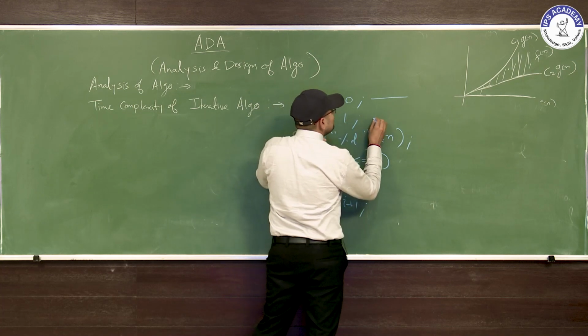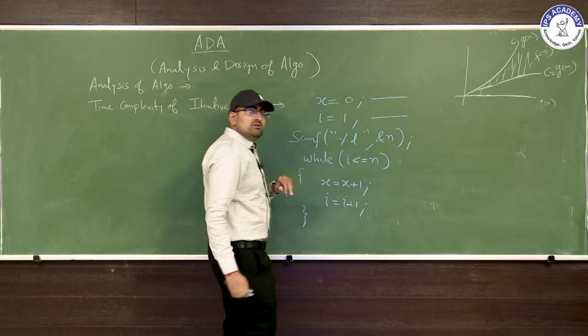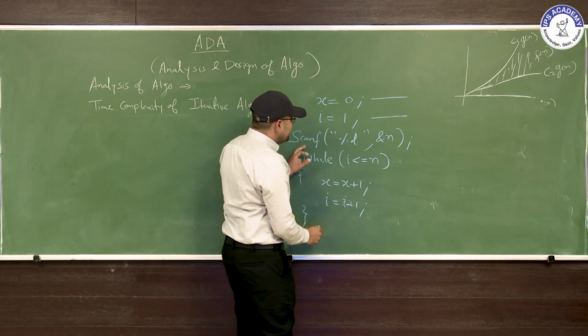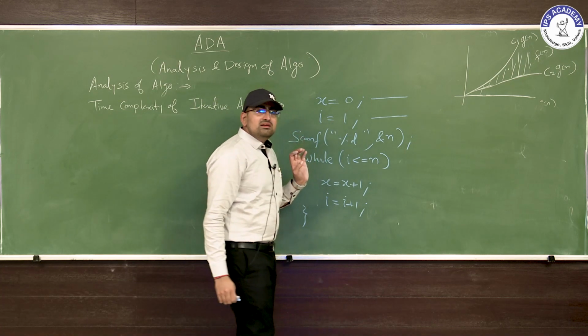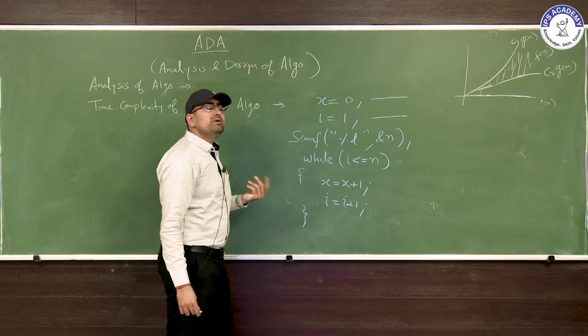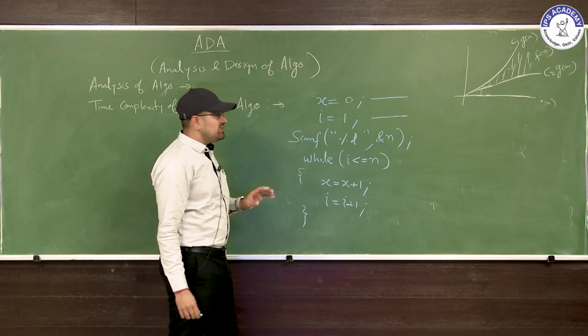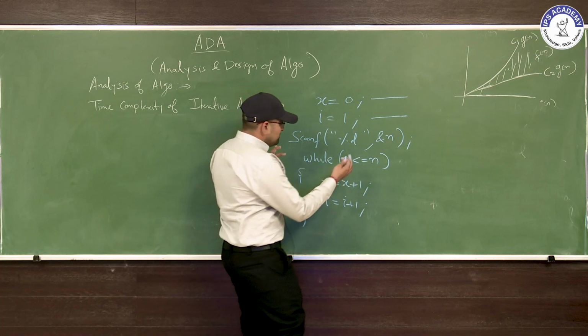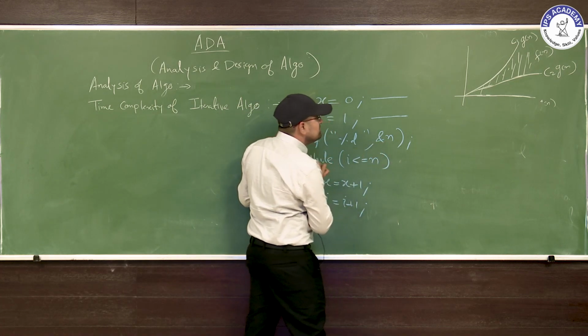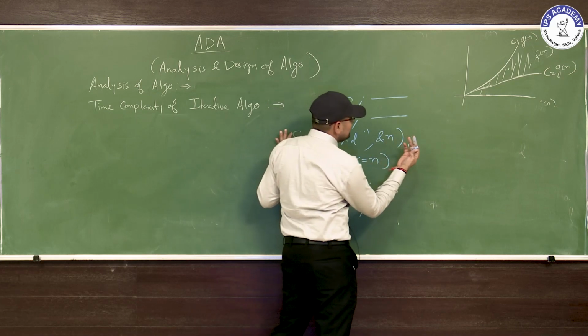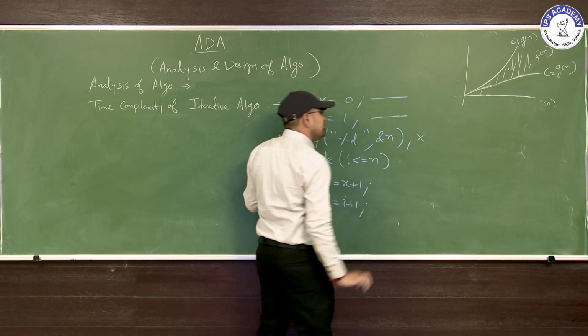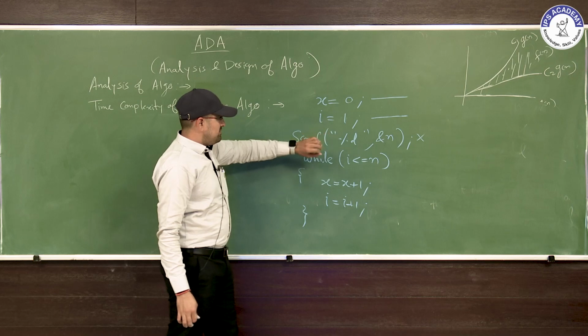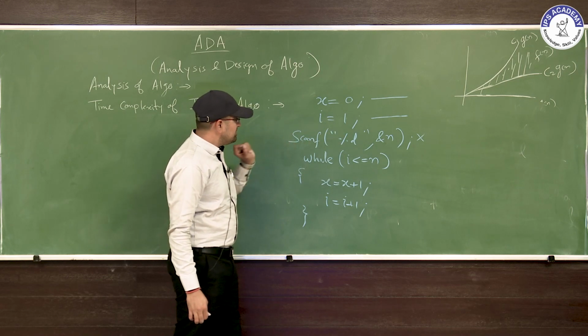Then we are assigning 1 to i, this is also another executable statement. Then scanf %d, and we may or may not consider this as an executable statement, as the input is being taken from the user. So we are not considering it. It doesn't actually matter whether to consider it or not.